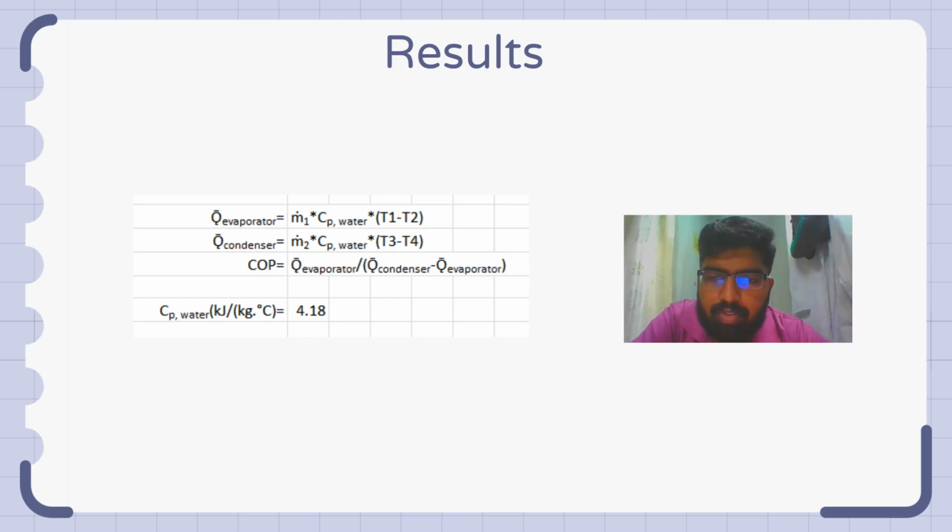As for the rate of change of heat at the condenser, we've got M2 times Cp of water times the difference of T3 to T4. So as you can see for this experiment, we've got a constant, which is Cp of water, which is 4.18 kilojoule per kilogram Celsius.